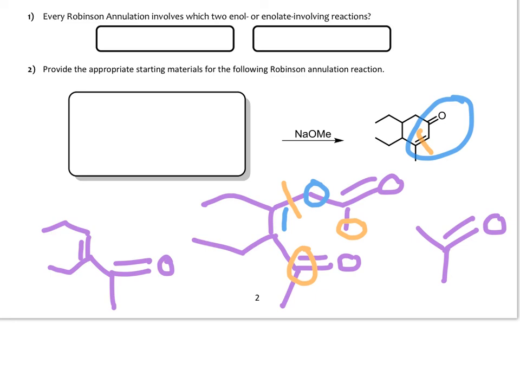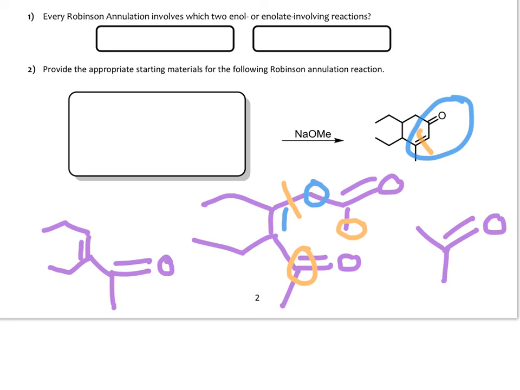However, this question told you that this is a Robinson annulation, so you should know that a Robinson annulation involves a Michael reaction followed by the aldol condensation. The conjugate addition via the acetone enolate would be a minor product because it's not a Michael donor, but you're given the information here that a Robinson annulation question is happening.